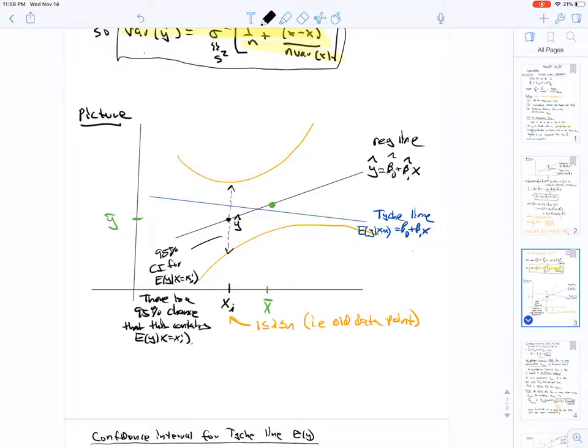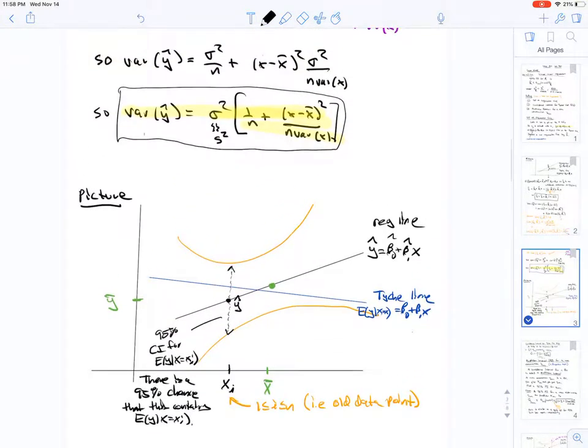So here's a picture of what we have. I've drawn basically the error curve for each value of x. Notice that the error is smallest when x is x bar. So through the point of centers, you should have the smallest error.